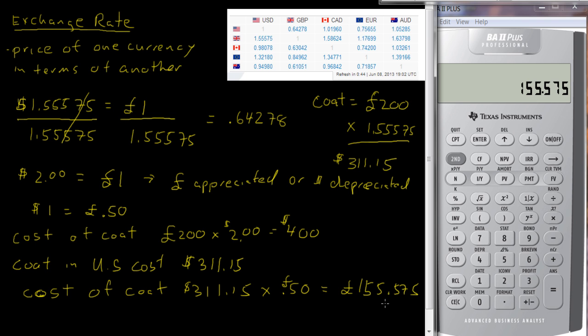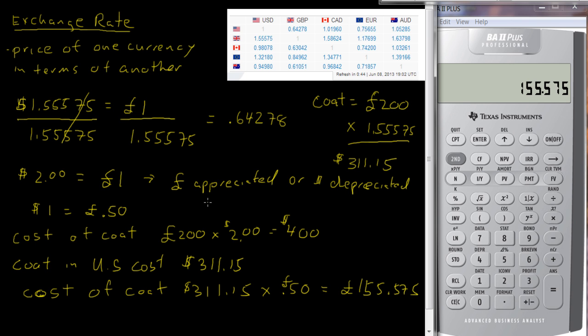So if the dollar depreciates, that's good for U.S. exports, but will reduce U.S. imports. The reverse is also true. In Great Britain, if the pound has appreciated, they will tend to import more, but export less. So exchange rates are very important in determining things like trade balance.